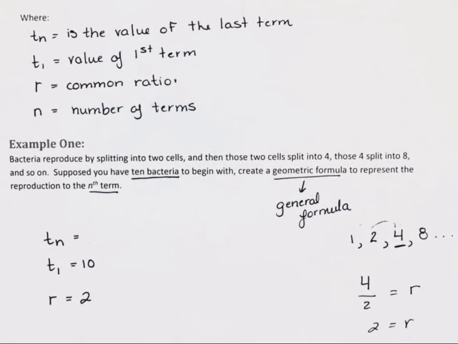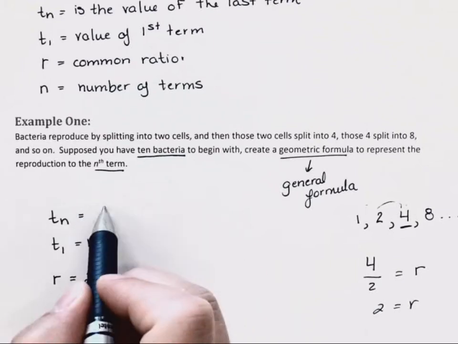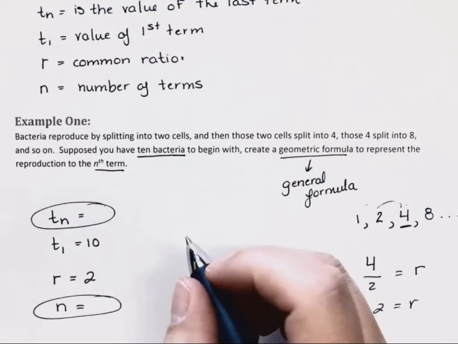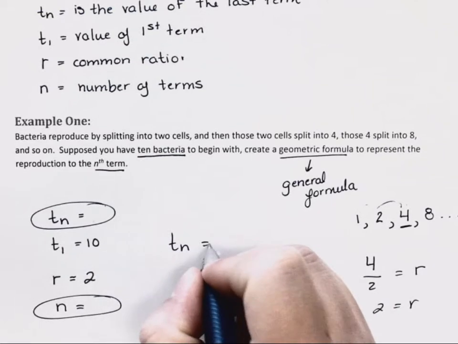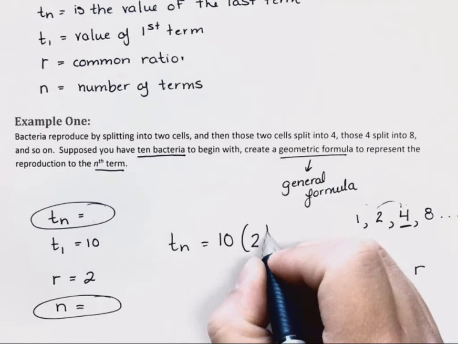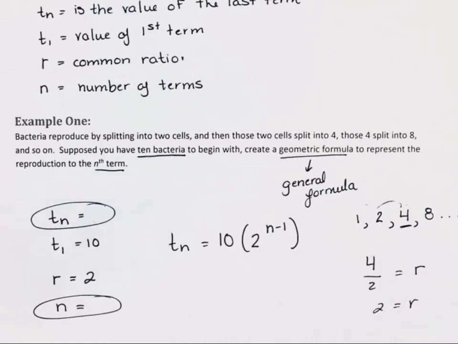Now, if I'm doing a general formula, you won't know Tn, and you won't know n either. So when we're making a general formula, we're not ever solving. We're just creating a nice, compact, simplified situation for this particular example. So Tn equals 10 times 2 to the exponent n minus 1.